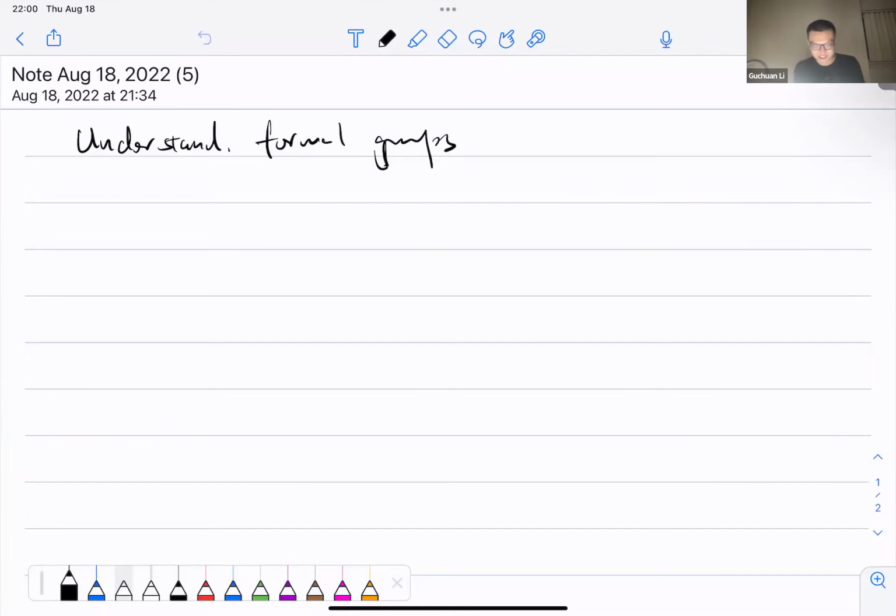Yeah, so the talk is about formal groups. As in the last talk, we see there is a deep connection between homotopy theory and algebra. On the homotopy theory side, we have the complex cobordism theory, and the upshot is this one admits the universal formal group law.